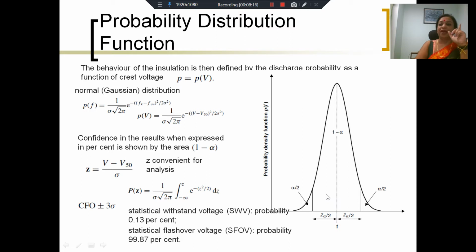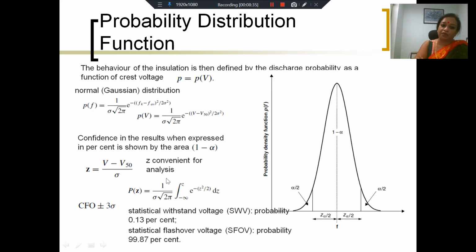Then I will be able to say with 90% confidence that breakdown will happen at 30 kV per centimeter plus minus whatever values, plus minus this minimum value and maximum value. So I will be able to guarantee a range with a very high degree of confidence.